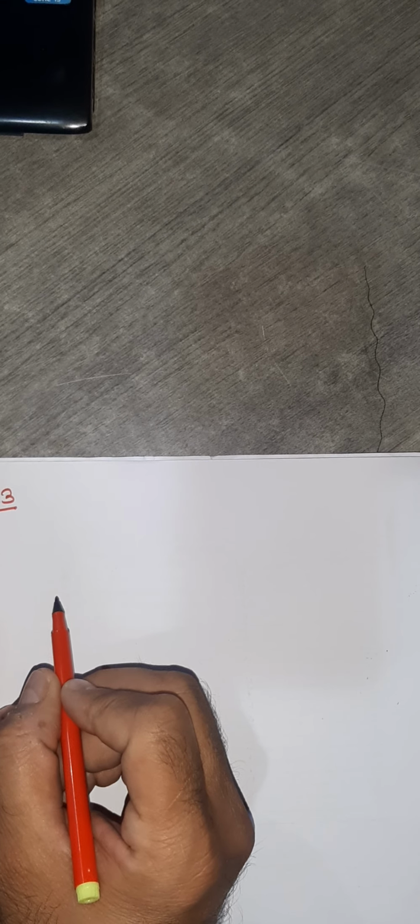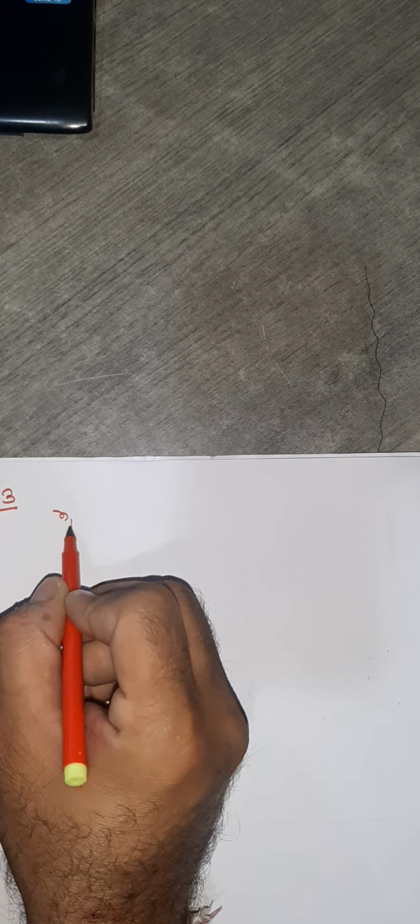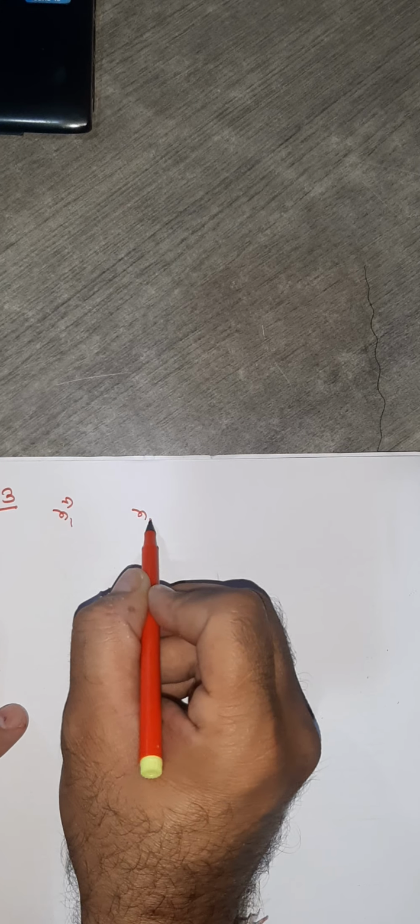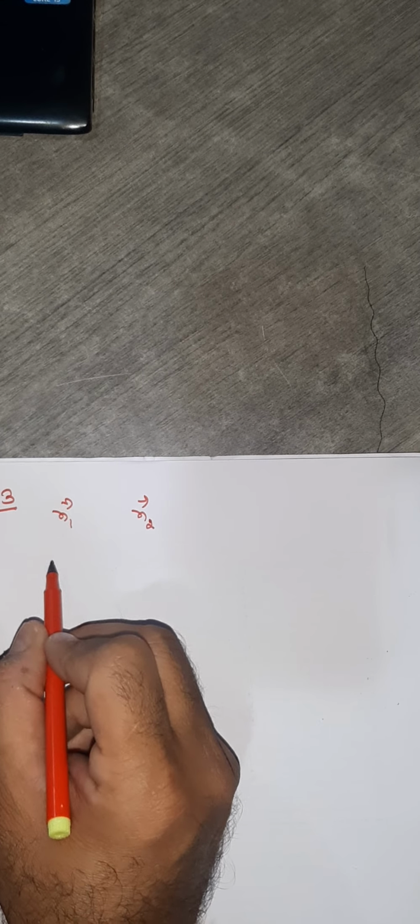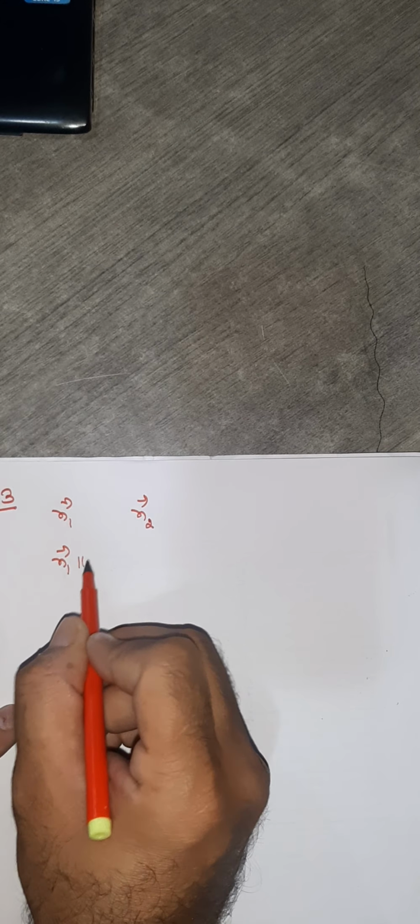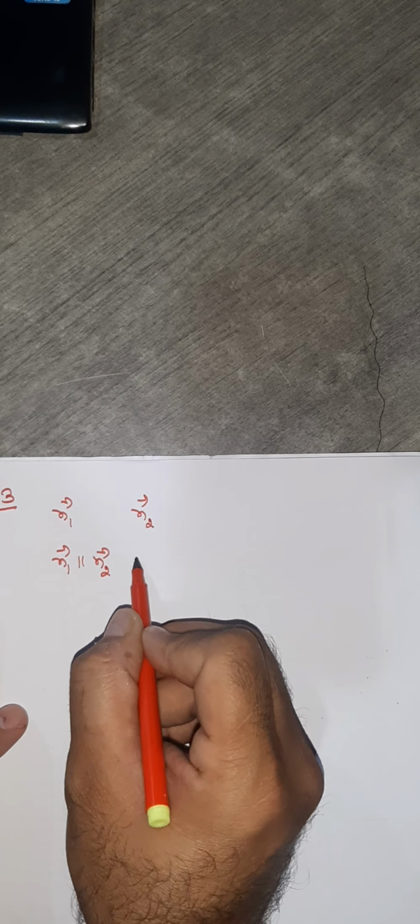The question number 13, you are asked whether the given planes are parallel, perpendicular, and in each case you get the angle between them whenever it is possible. Okay. So what you need to do, you get the normals to two planes. If normals are parallel, what is the meaning of parallel?